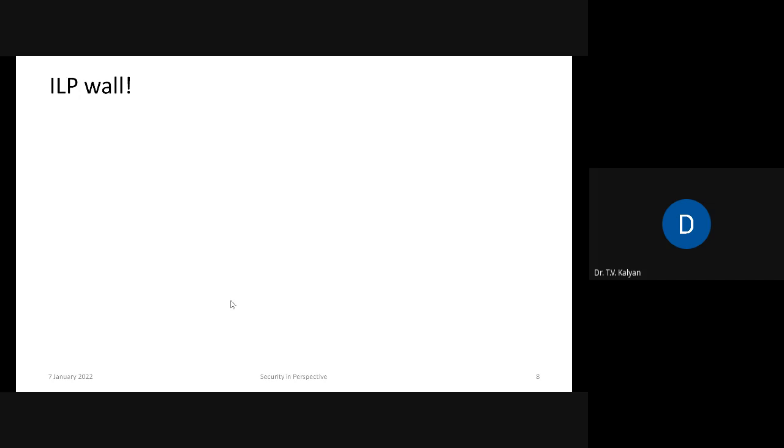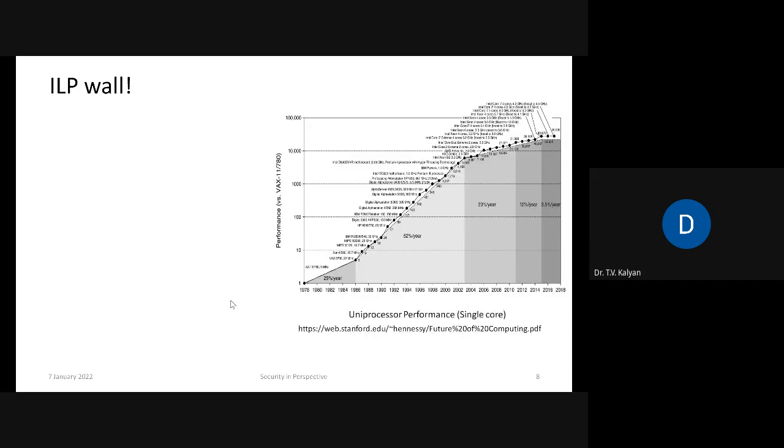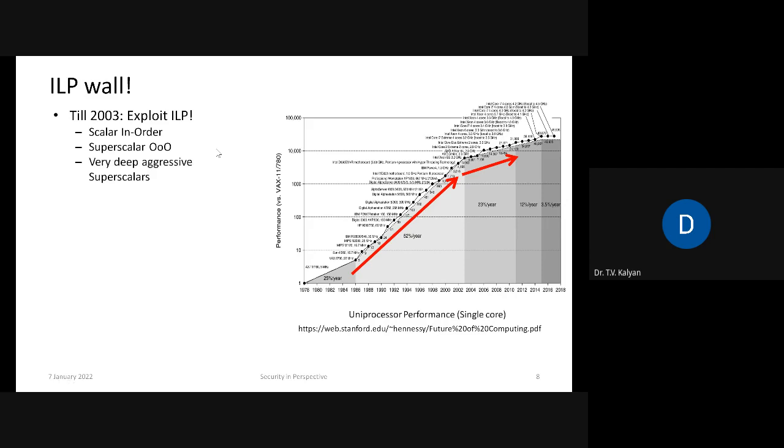So starting from the simple pipelining, people have explored different approaches till the 2003 time frame. From a simple scalar in-order pipeline, the architects moved to the out of order pipeline, superscalar version of it, and then there were very deep aggressive superscalars, meaning the width and the depth of the pipeline both were quite high, effectively increasing the number of instructions that can be executed in parallel, right?